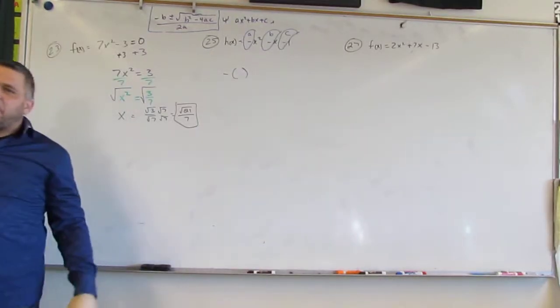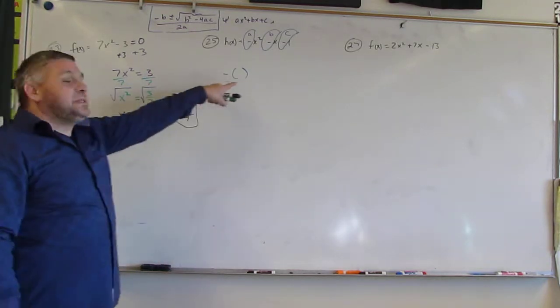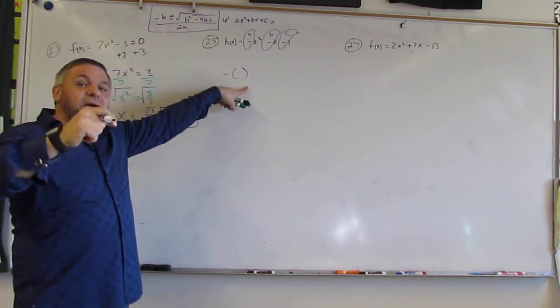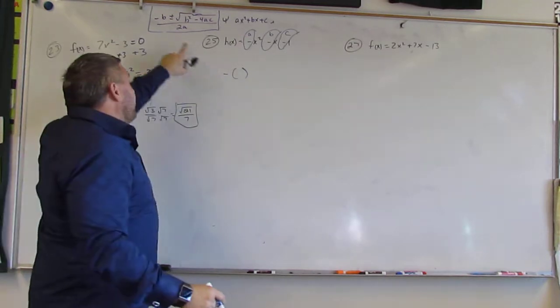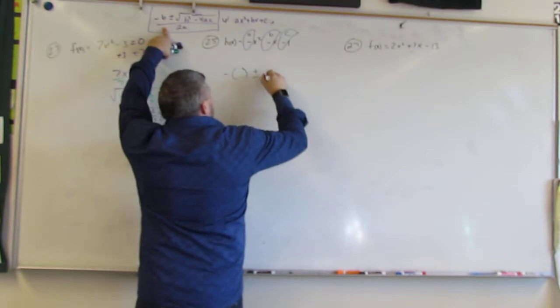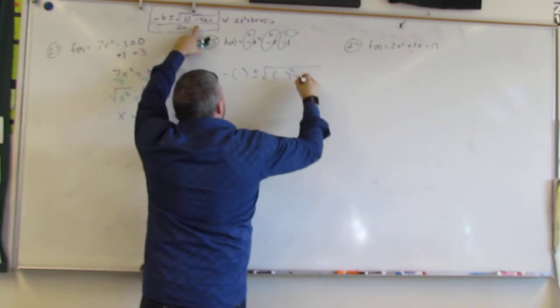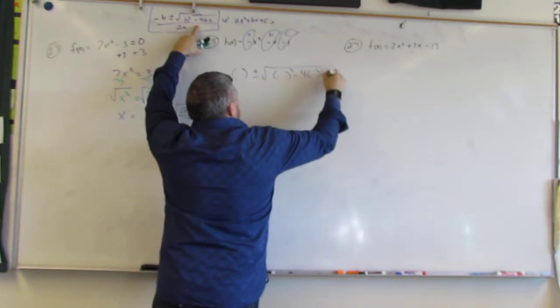Did I write B? I didn't write B. I said B, but I don't write it. I write the parentheses. Every letter, I put a parentheses. Negative B, plus or minus, the square root of B squared minus 4AC.